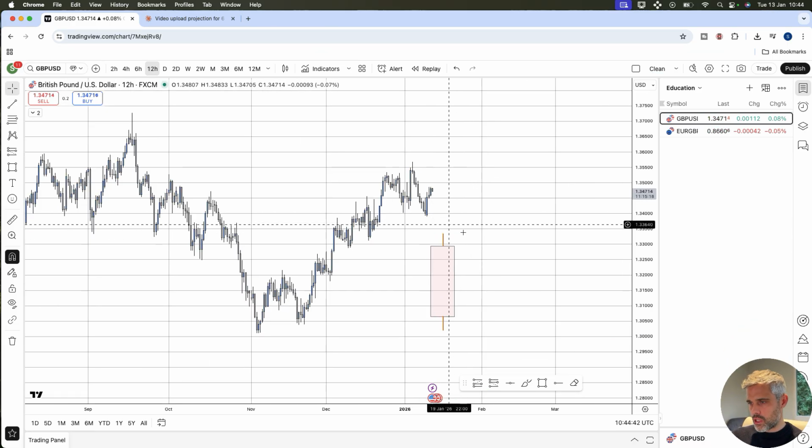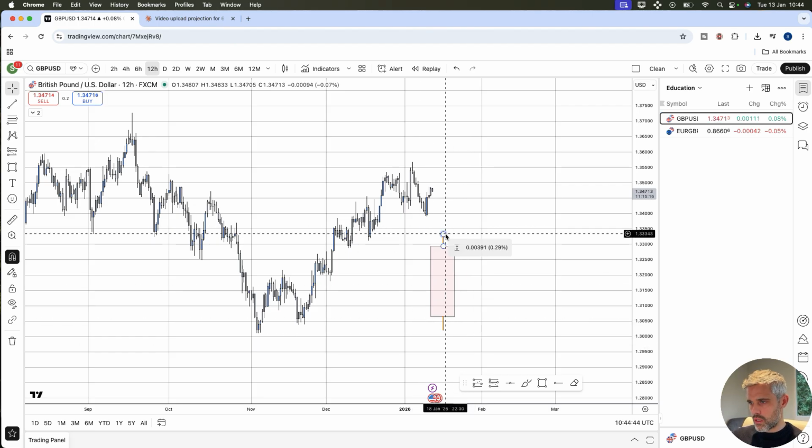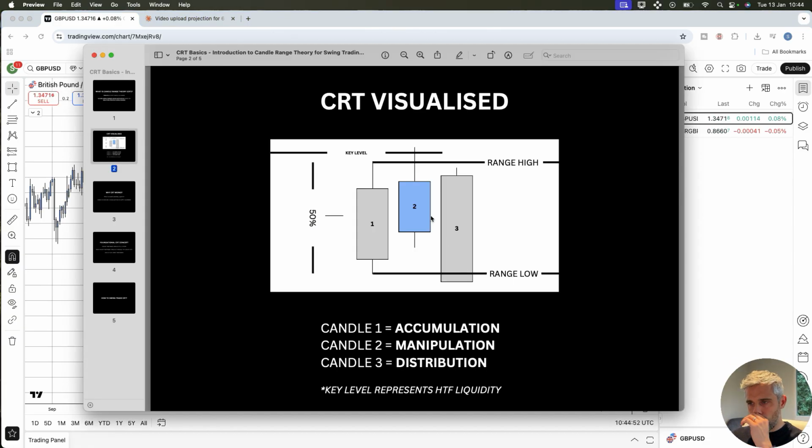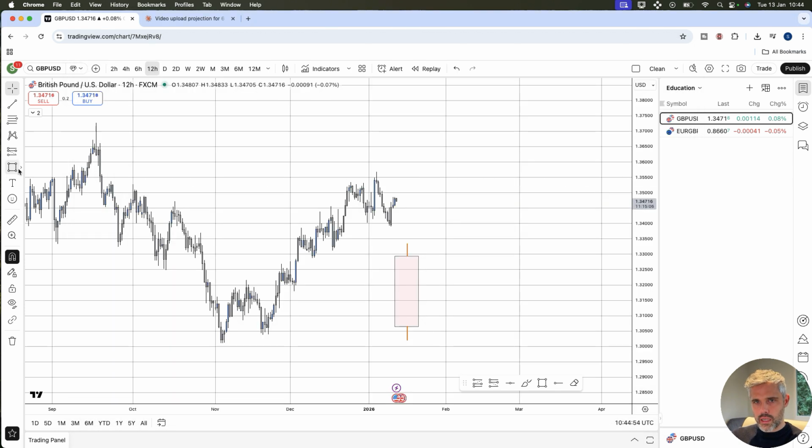But just assume you have candle one, or we're going to say this is a bullish candle that traded up and closed. In the instance that we get this type of activity, price trading the candle, the next candle in the sequence, trading up above the candle's high and then closing down.